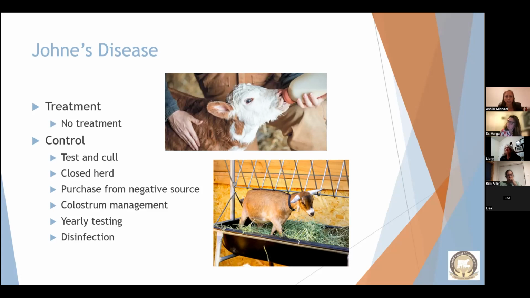It's important to manage colostrum so it's not spread that way. And since there is such a long incubation period, we recommend yearly testing because it might take a while for those to become positives on the testing. So really staying up with those testings every year to make sure that it's not in your herd undiagnosed. And then making sure to disinfect all of the common areas.